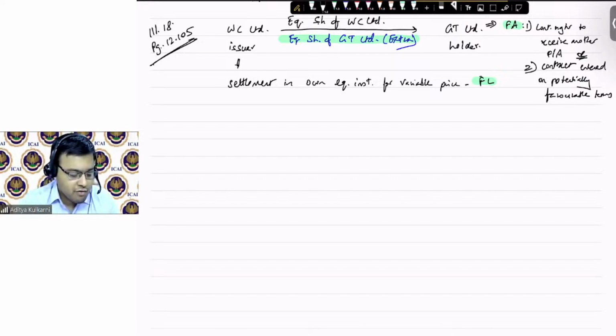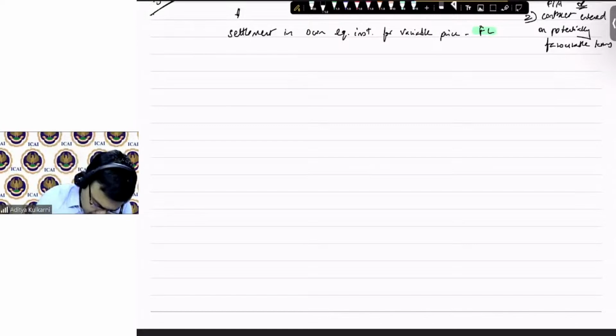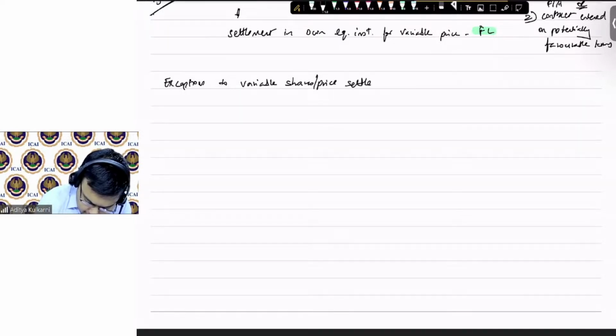What do you mean by the fixed for fixed rule? That means even if the price or the number is variable, it will still be regarded as an equity component and not a financial asset or financial liability. So what are those exceptions? Exceptions to variable shares or price settlement.